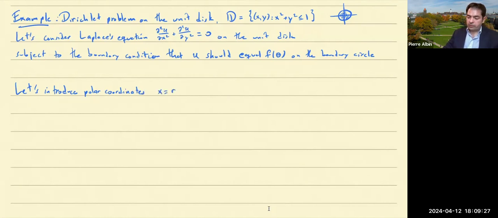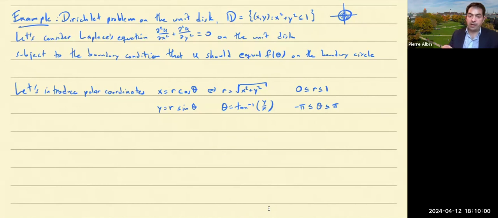So x is going to be r cosine theta, y is going to be r sine theta, which is the same as saying that r is equal to the square root of x squared plus y squared, and theta is equal to arctan of y over x. Here, r varies between 0 and 1, and theta is going to vary between minus pi and pi.